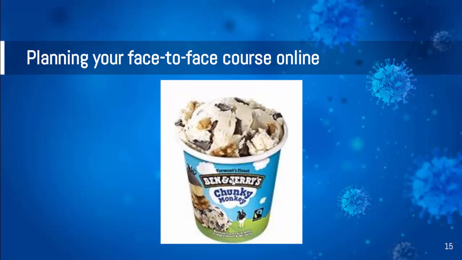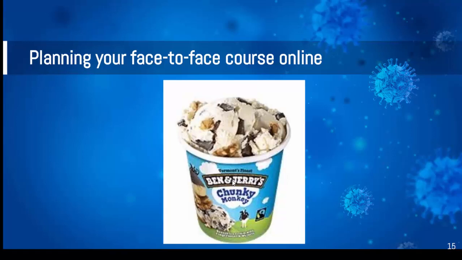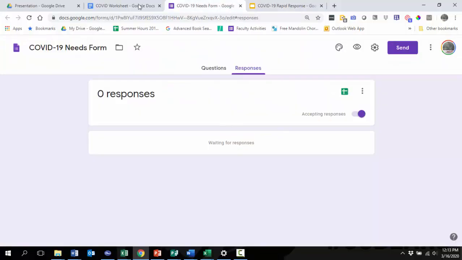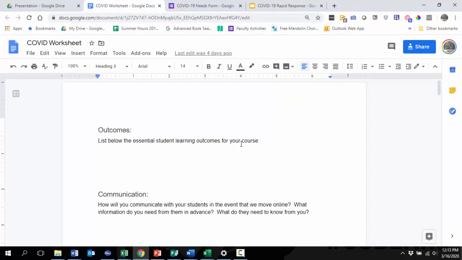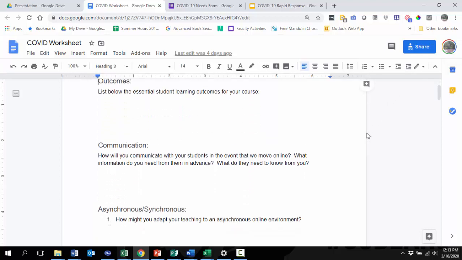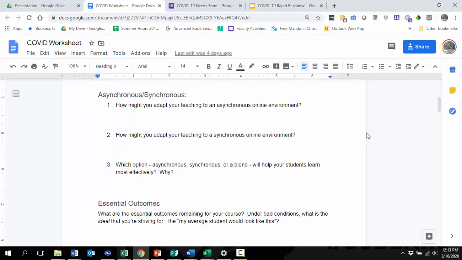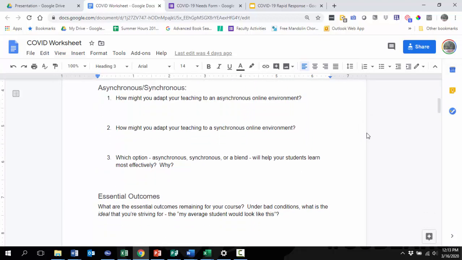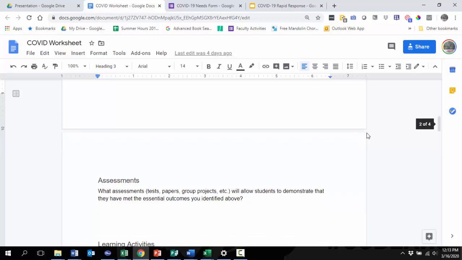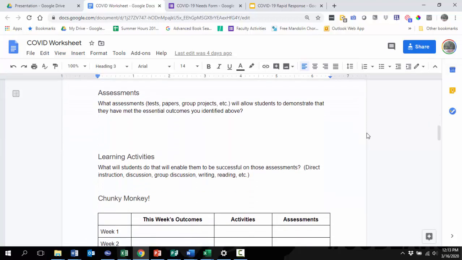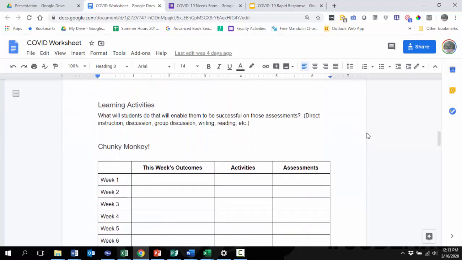And what the Center for Teaching and Learning recommends is to use a planning worksheet, something like this one, where we begin by listing the essential student outcomes. We make a communication plan. You make some of the decisions about asynchronous versus synchronous. You figure out what your assessments are, and then your learning activities.